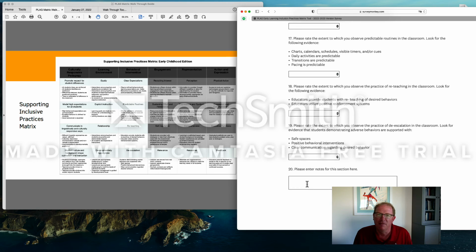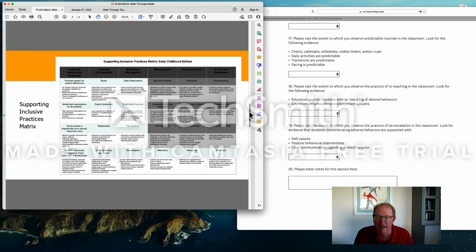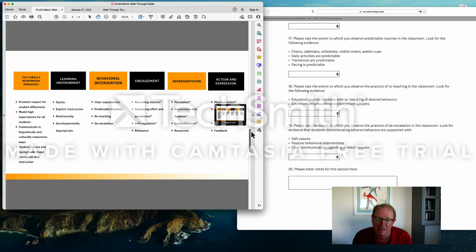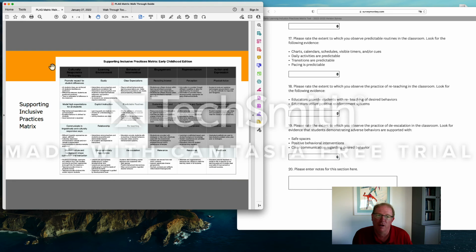You have to probably even develop a strategy, right, in terms of your steps to really think about, well, how do I make sure I tend to see if I see these things in the classroom? One thing that's going to happen is that you are going to really tune into the matrix in terms of practices. So you're going to be really looking for these 6 different domains, which we know to be good practice.